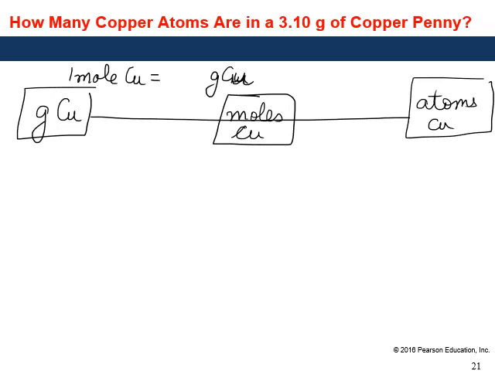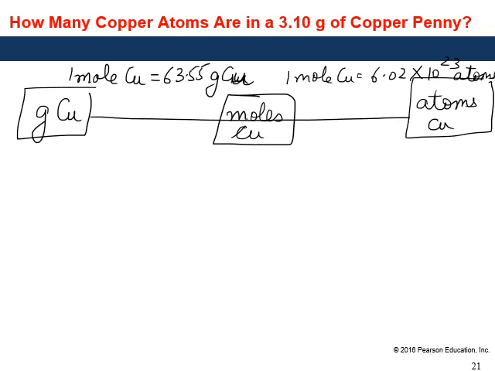The periodic table tells me the molar mass is 63.55 grams. Next, I go from moles to atoms. What is the relationship between mole and atom? Avogadro number, which means 1 mole of copper is 6.02 times 10 raised to power 23 atoms of copper. And that's it. Your map is complete.